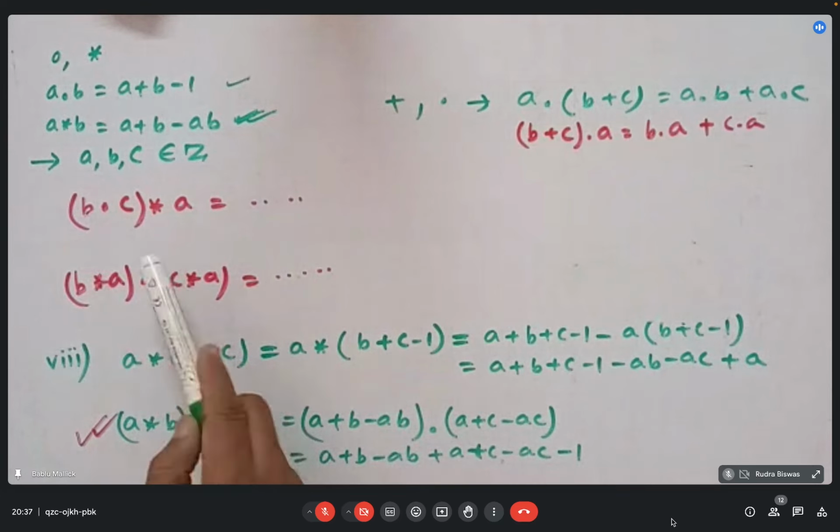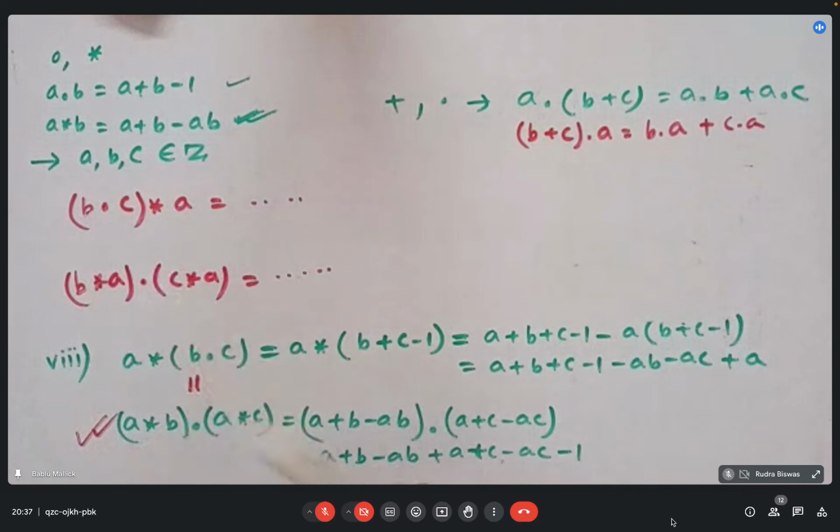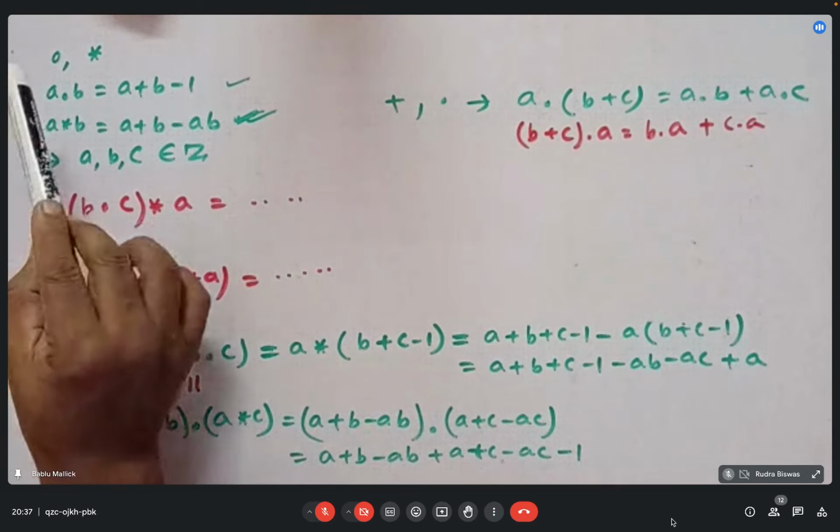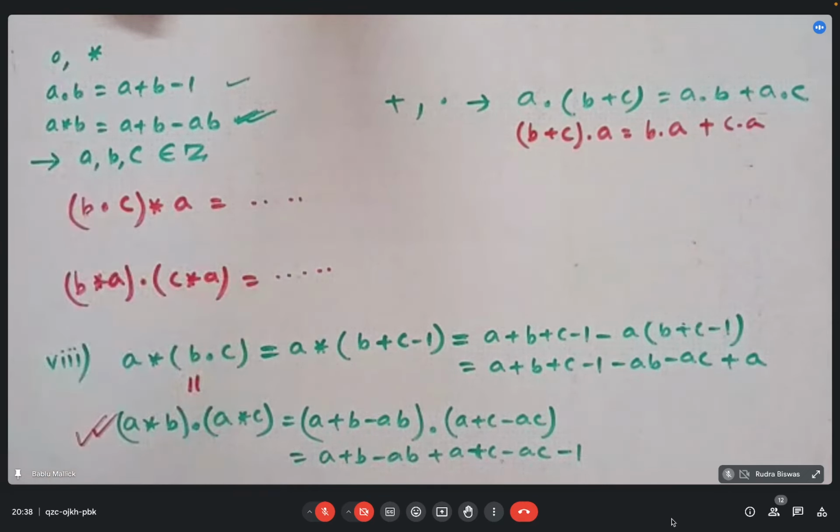So that means the distributive law also holds. Therefore, write: Z forms a ring under circle and star.